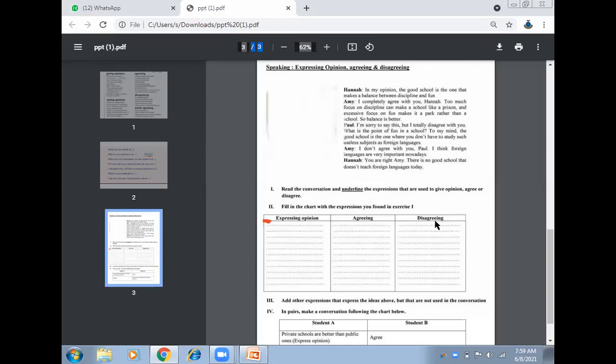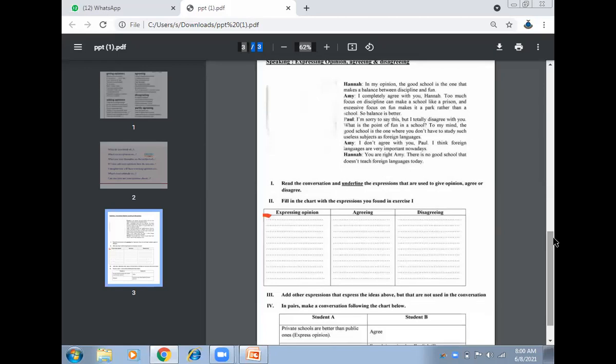Now another expression, I totally disagree with you, goes under disagreeing. And Amy also said it. You can also partly agree, like, I'm sorry to say this, but I totally disagree with you, or I don't agree with you. Clear? Now write all the expressions which are in the conversation.